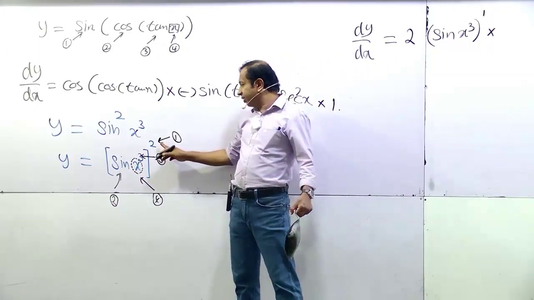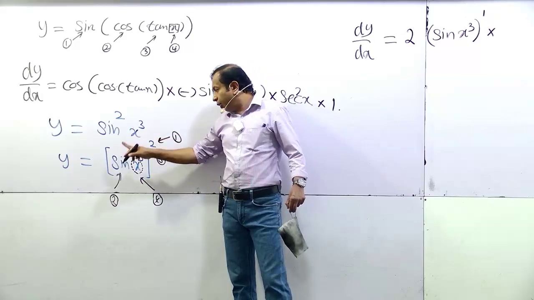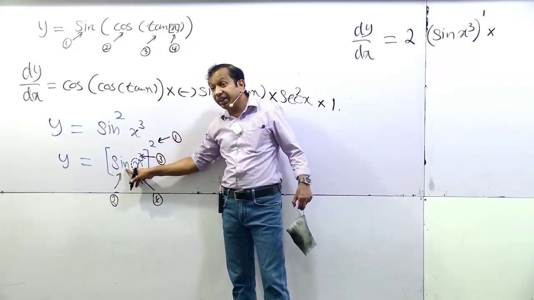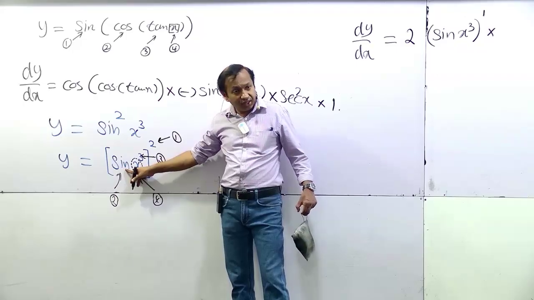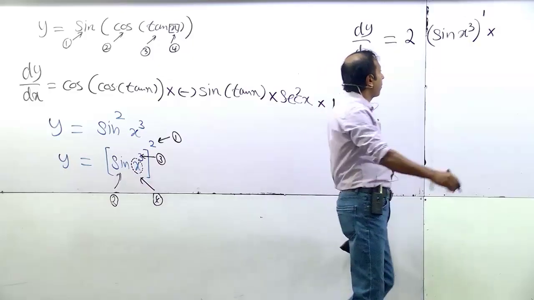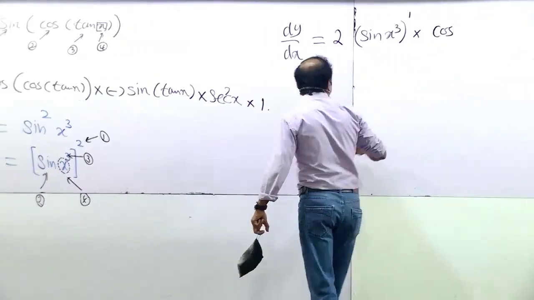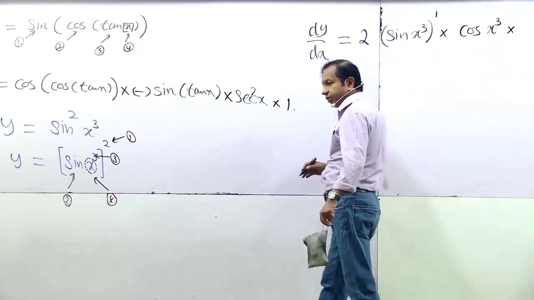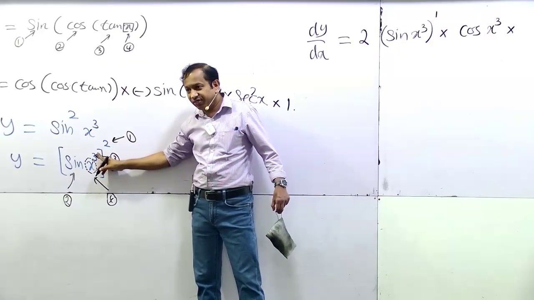Now the outer function we differentiated. Now that princess is here. Now he finds as the next obstacle what? Sine. What is the derivative of sine? Cos. Then do we change anything inside that? No. Cos x cube, into, now this x cube, that means x to the power 3.